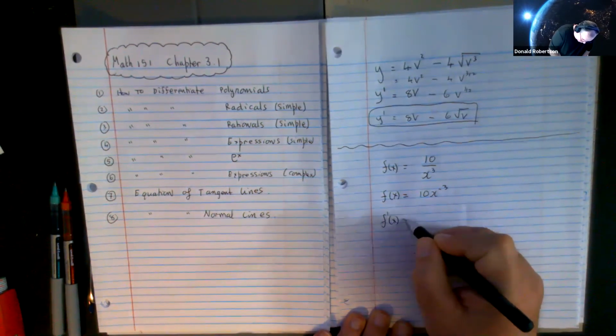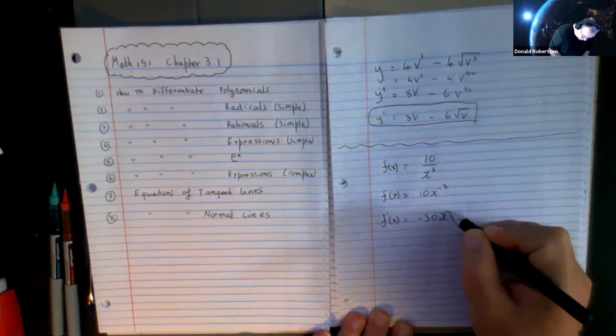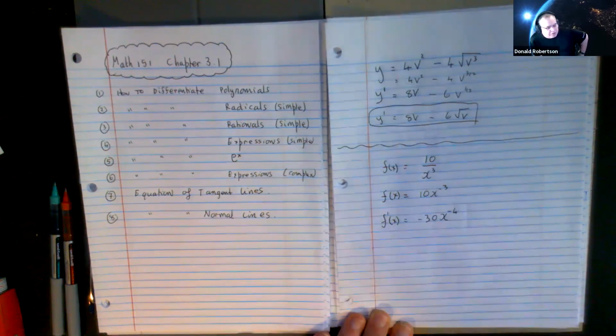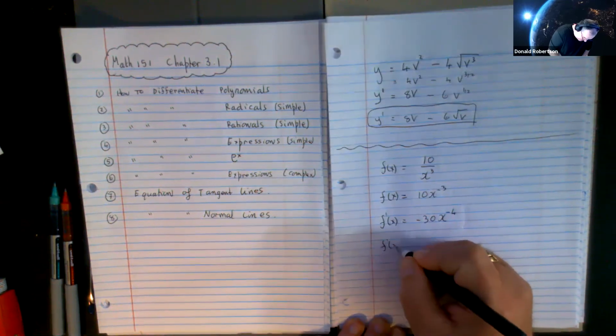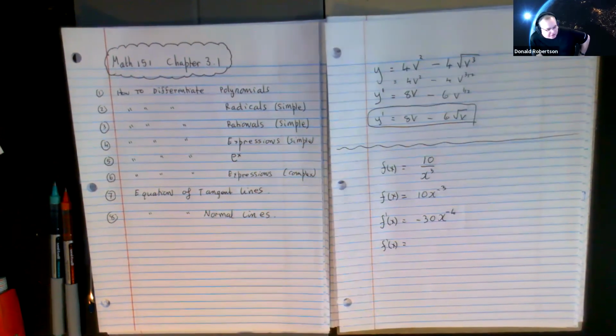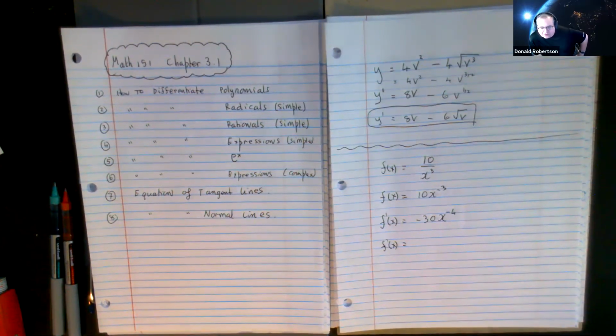Multiply by the power and then reduce the power by 1. And no, it is not -2, it's -4. Remember subtracting, right? It's -4 when you reduce it by 1. Do you think that is the final answer, like they say in the quiz show? And if it's not the final answer, what will the final answer look like?